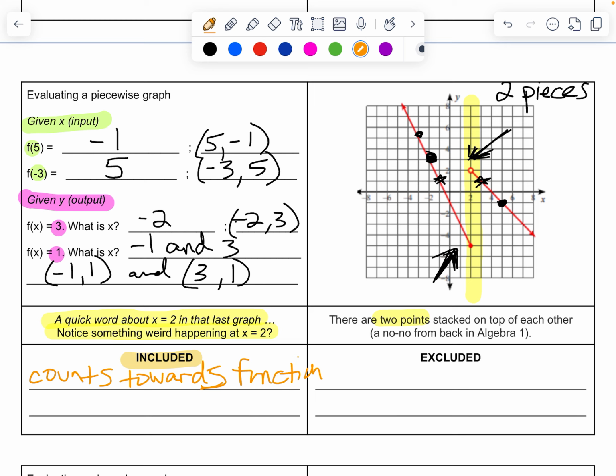And in this situation, the dot is colored in. That is the included spot. So in this situation, our included point would be 2, comma, let's call it -5. And it's as simple as the point is colored in.